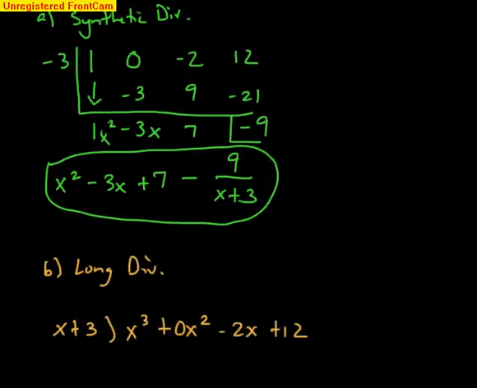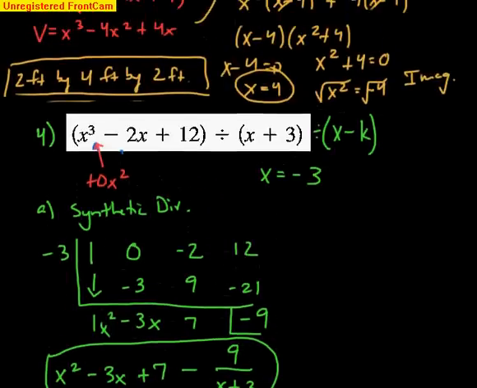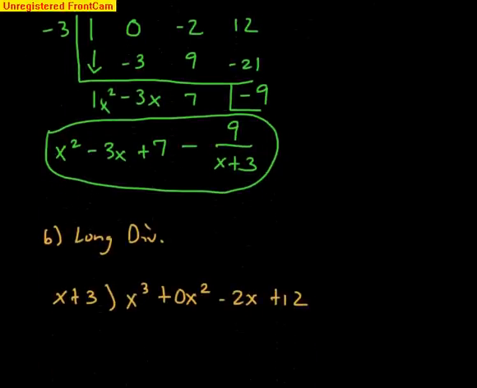Let me just double check. Yeah, that's right. So now, always ask yourself, how do I get this to become that? What do I multiply by? Well, to get x to become x cubed, you must multiply by x squared.